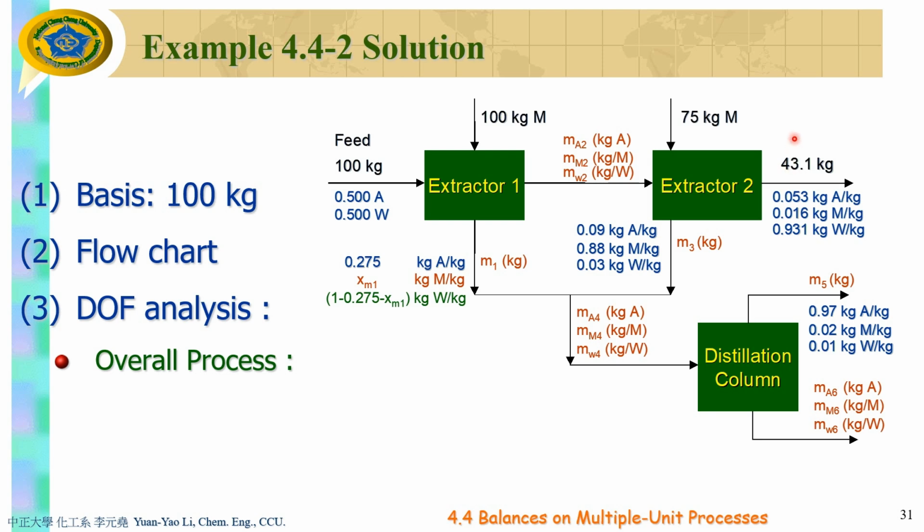Anybody want to tell me how many unknowns in this overall process? Raise your hand. How many unknowns, ladies and gentlemen? You have 3 inputs and 3 outputs. Can you count unknowns for me?